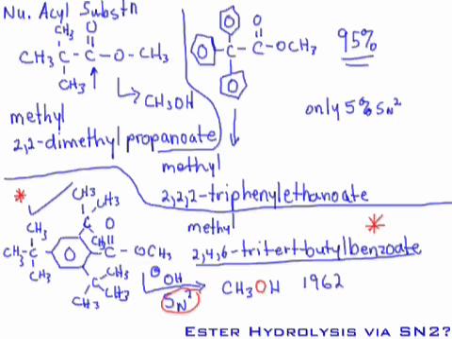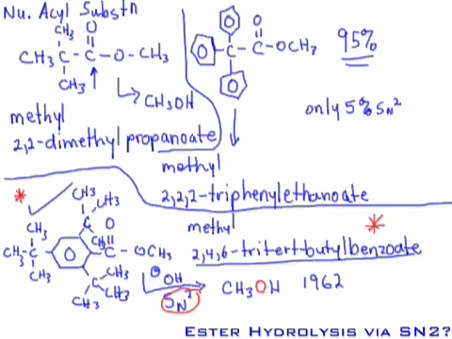Evidently, in these reactions, the steric hindrance around carbonyl must be very great, so that the nucleophilic substitution pathway is completely shut down. Otherwise, the SN2 just cannot compete.